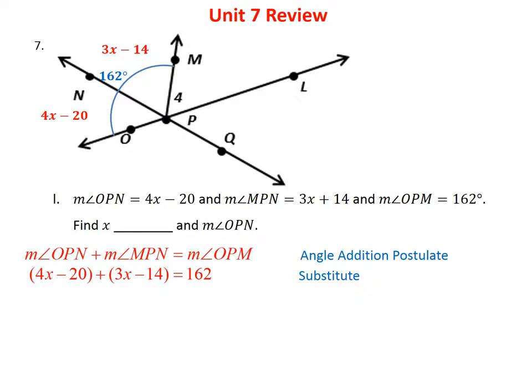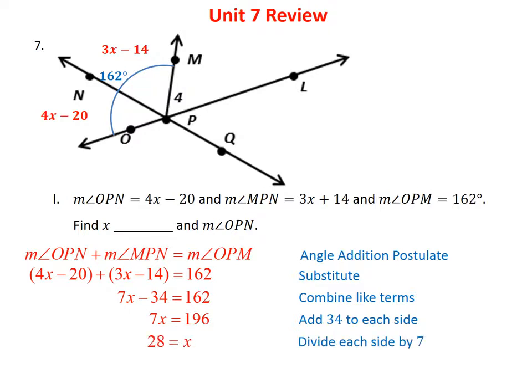So we know that 4x minus 20 plus 3x plus 14 equals the whole angle, 162. So let's combine terms. 4x plus 3x is 7x. Minus 20 plus 14 is minus 6. Now we have a 2-step equation. Undo the subtract 34 by adding 34 to both sides. Undo the 7 times x by dividing by 7 on both sides, and we find out that x is 28.